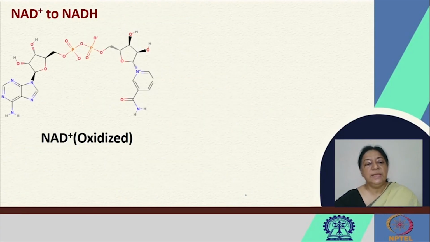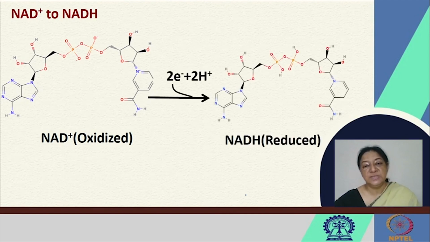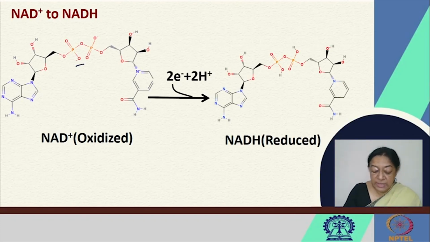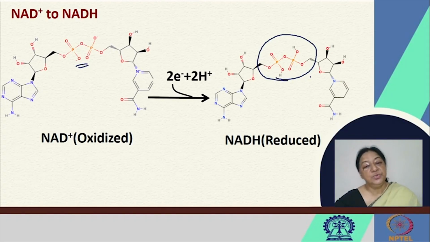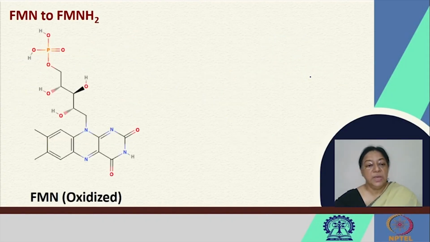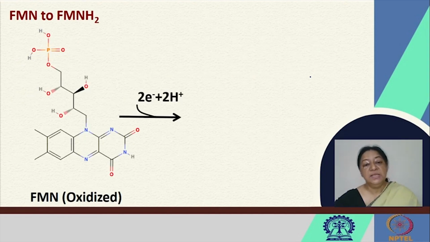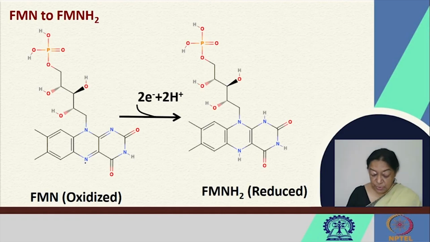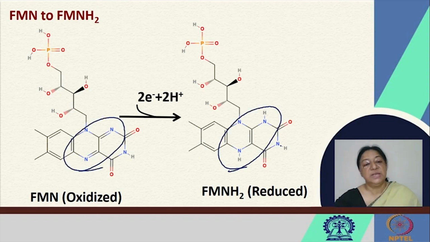So when we look at NAD plus oxidized, we see that we can have the 2 electron 2H plus system resulting in our change at this point here where we have reduced NADH. When we see FMN, the oxidized part of FMN is also going to get reduced, where we see the reduction over here, the nitrogens that have accepted the protons.